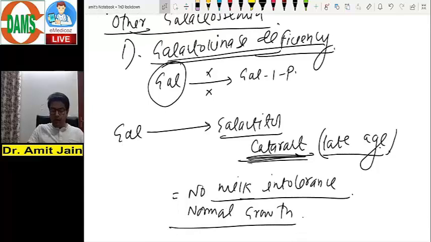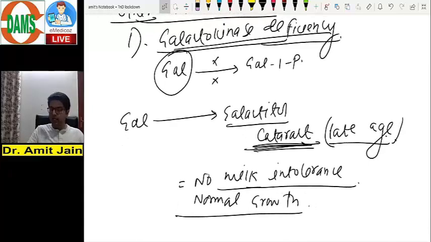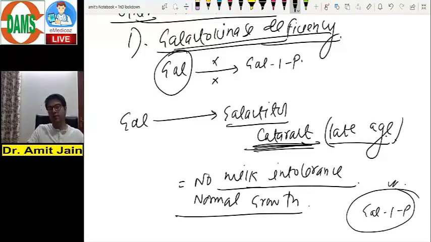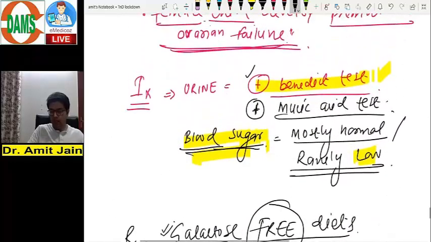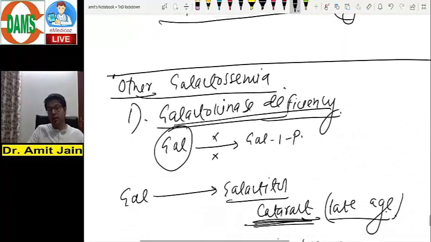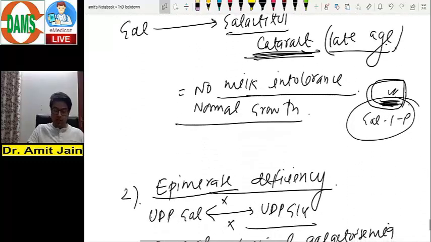Like in classical galactosemia, galactose 1-phosphate is accumulating and causing various clinical features, but not everything is explained. I tried to explain the common things, like cataract, and why the jaundice or hepatomegaly occurs. But not everything is explained, like why the E. coli sepsis is there.